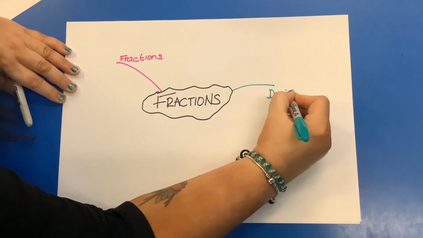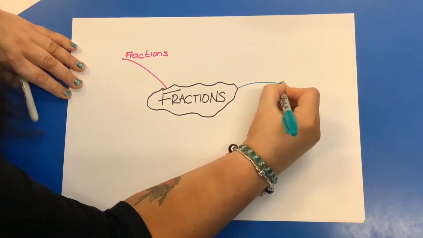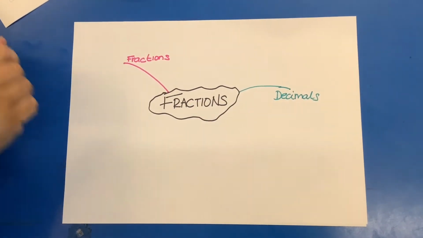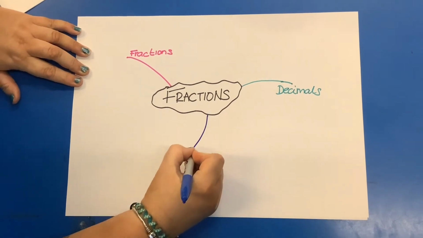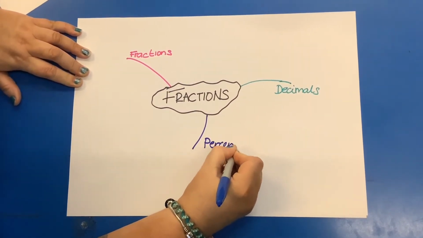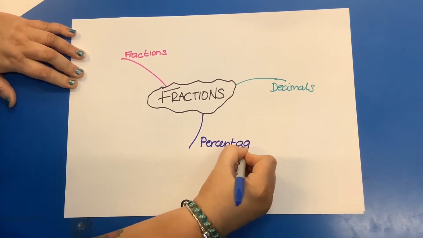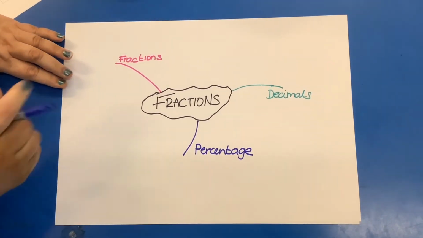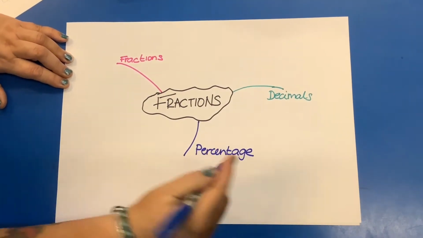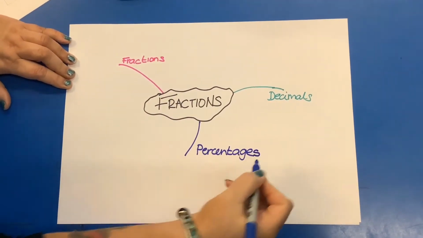So I'm going to put that there, and then if we have decimals we also have percentage. So they're the headings that I want you to have for fractions. Fractions, decimals, and percentages.